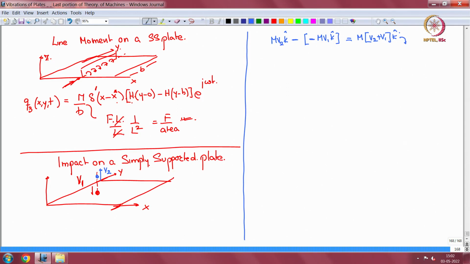So now suppose this interaction happens over a time delta t. The change in momentum happens over a time delta t. The interaction is over a delta t.